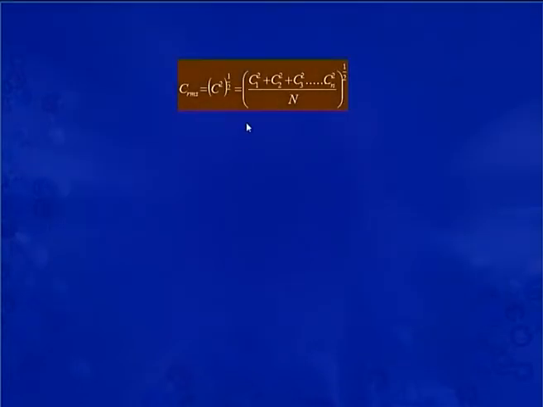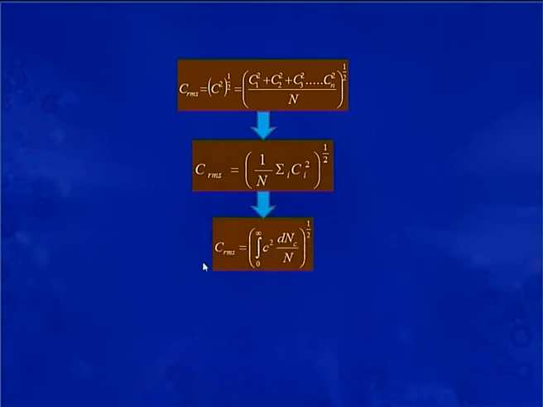So, c_rms = (c²)^(1/2) = ((c1² + c2² + c3² + ... + cn²)/n)^(1/2). We can write it as c_rms = ((1/n) Σ ci²)^(1/2), or c_rms = (∫₀^∞ c² dNc/n)^(1/2).